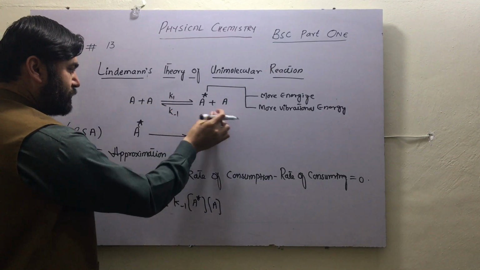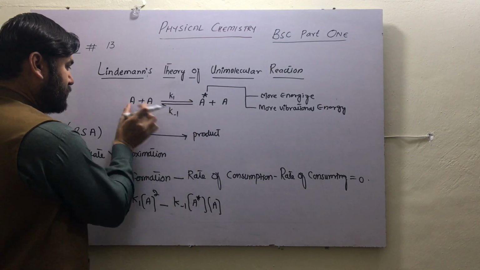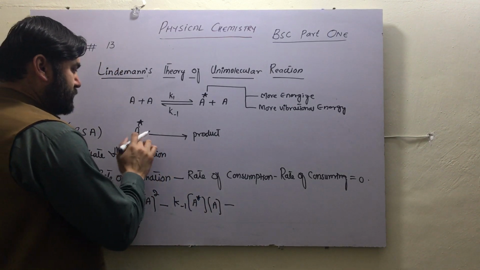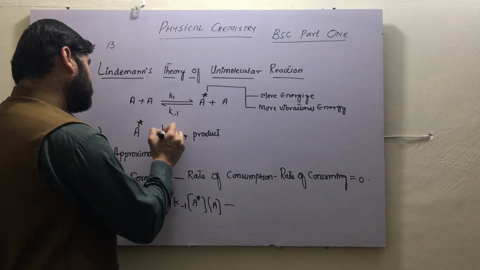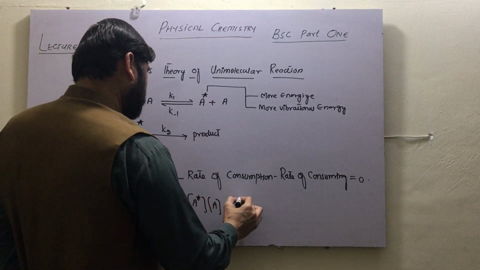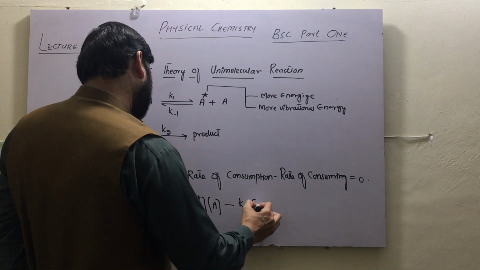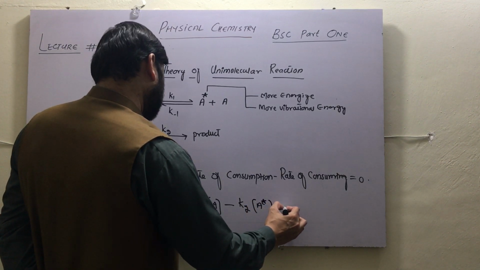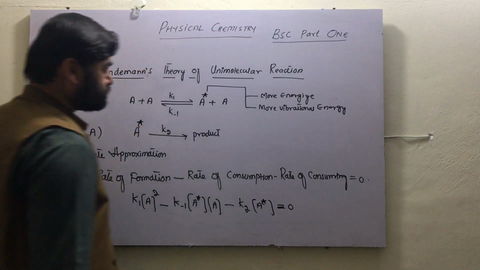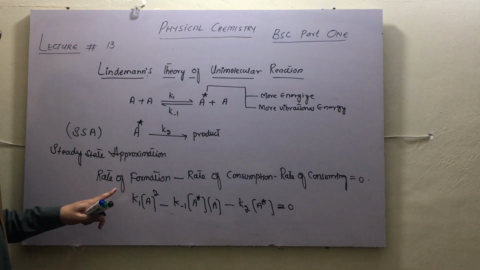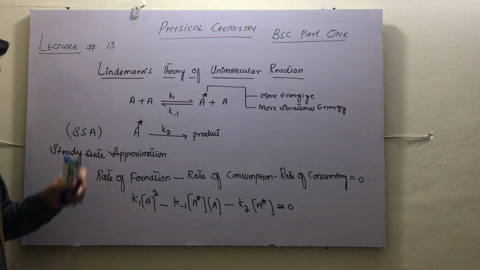Minus, now A star, this is k1, this is k minus 1, and this is k2. For this the rate is k2 A star, and this is equal to 0. Now this is the most important relation, which is called the steady state approximation.